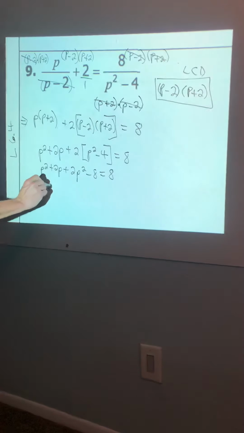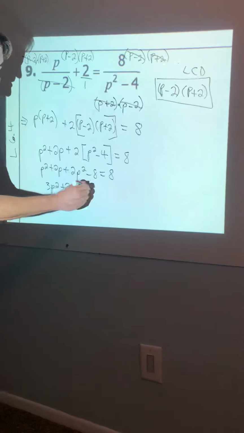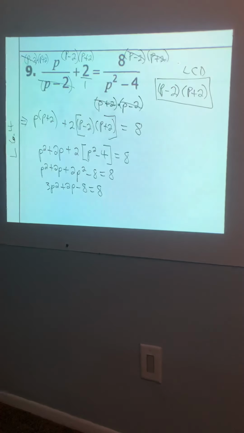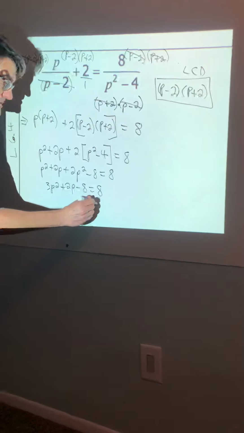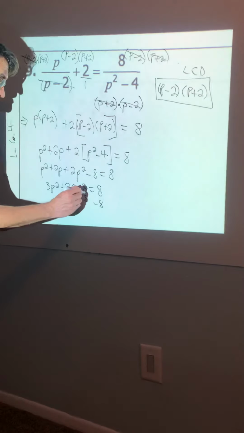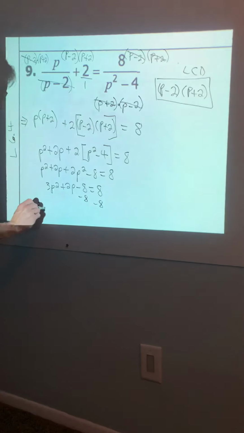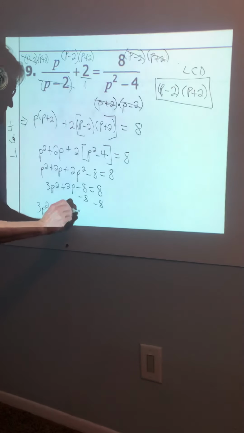Now I have 3p squared plus 2p minus 8. And here comes that question I always ask. Well, look, I forgot my equals 8 over here. If you're solving an equation and you get a quadratic, do you guys remember what you have to do first right away? Yes, you're going to get the equation set equal to 0. So you're going to subtract 8 from both sides, and now you have 3p squared plus 2p minus 16 equals 0.